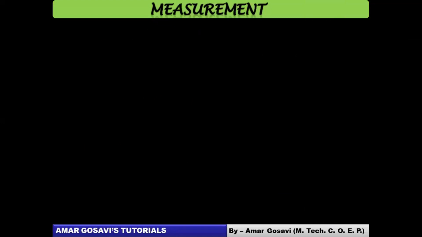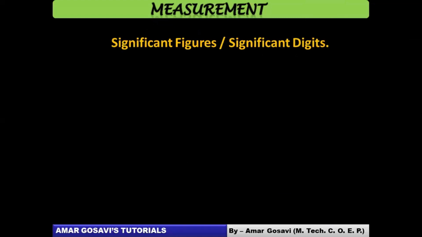Let's understand. Just like order of quantity, there is a concept called significant figures, or we also call it significant digits. Now, in a given number, whatever measurements you make, they ask certain questions. How many figures or how many digits are significant?